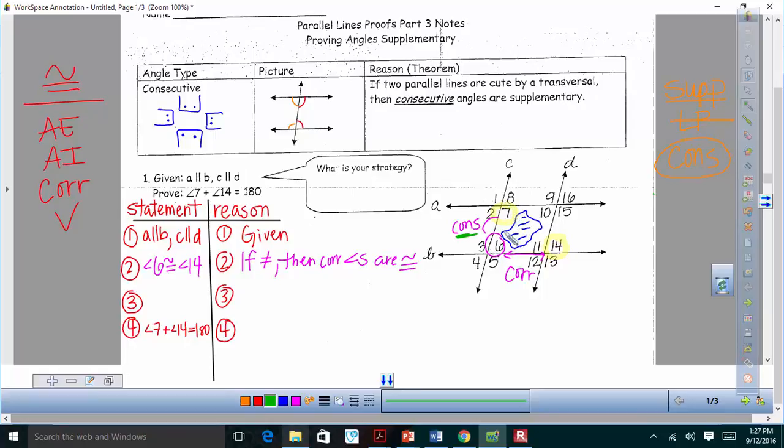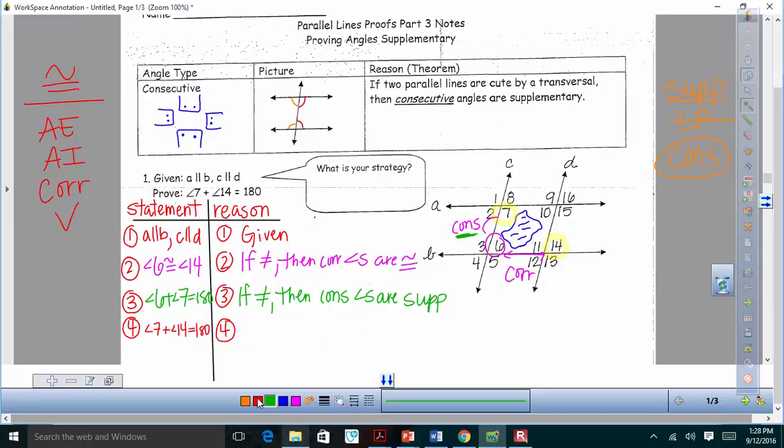How would we write it if it's consecutive? Angle 6 plus angle 7 equals what? 180, okay? And again, consecutive angles has to do with parallel lines, so we would use the same reason. If two parallel lines are cut by a transversal, then consecutive angles are 180, or supplementary would be a better way of putting that.